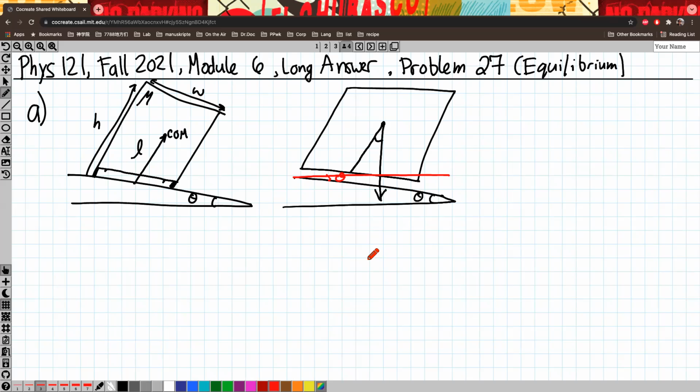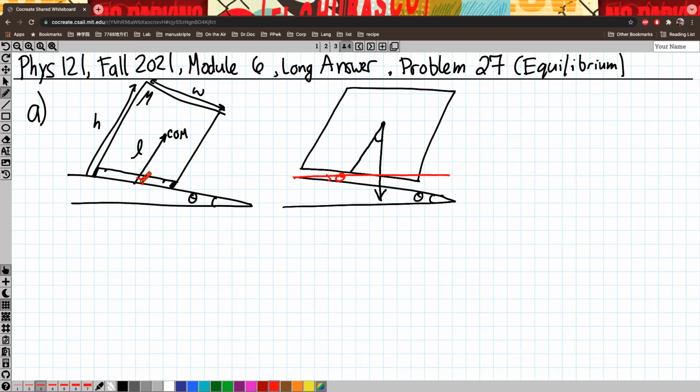But we'll need this angle in order to do Newton's second laws. Is this supposed to be perpendicular? Oh yeah, so it's perpendicular. Yeah, it's because it has to be perpendicular to the slope.